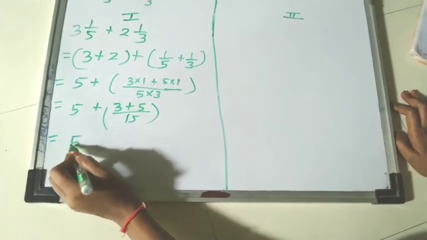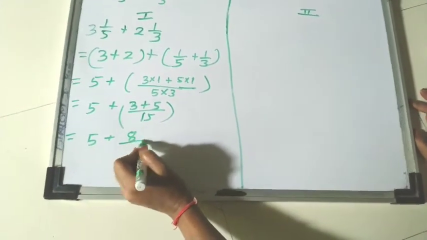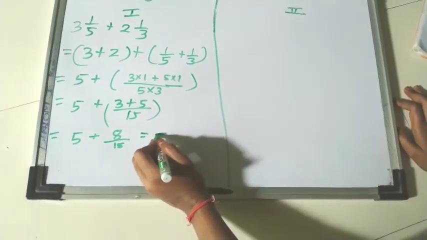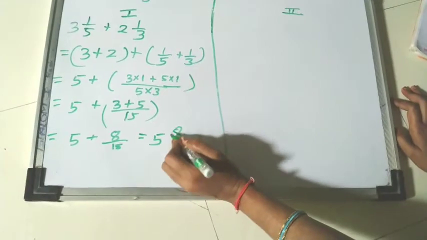It means 5 plus 8 by 15. The answer is 5 upon 8 by 15.